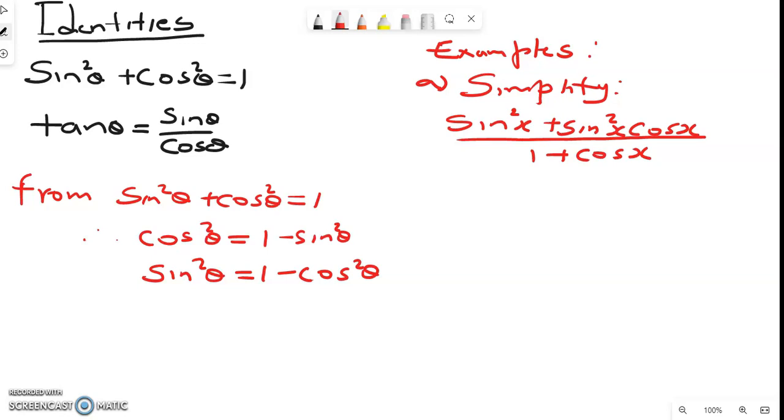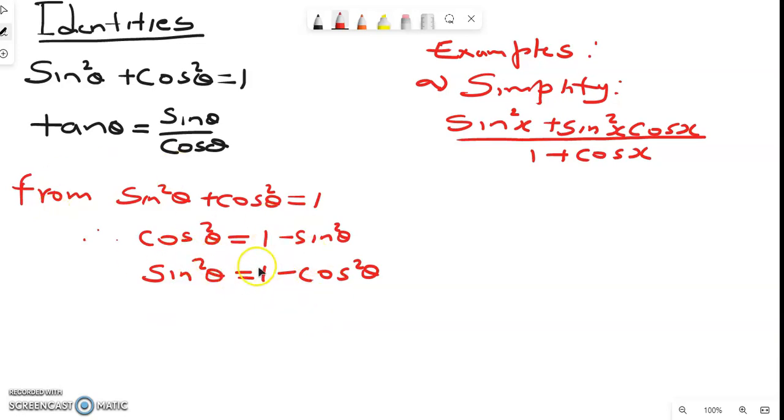Then from the square identity, we can make cos squared theta the subject of the formula by writing cos squared theta equals 1 minus sine squared theta. Then we can make sine squared theta the subject of the formula, so sine squared theta equals 1 minus cos squared theta.